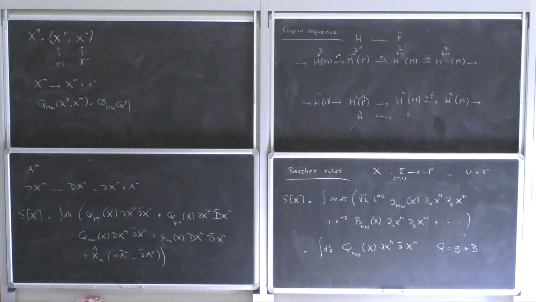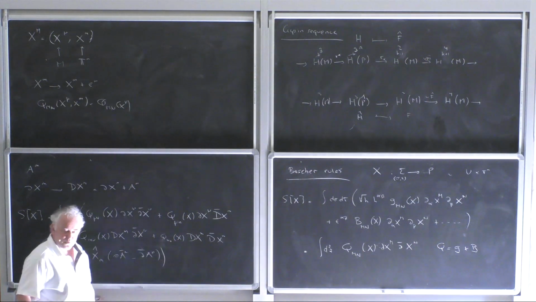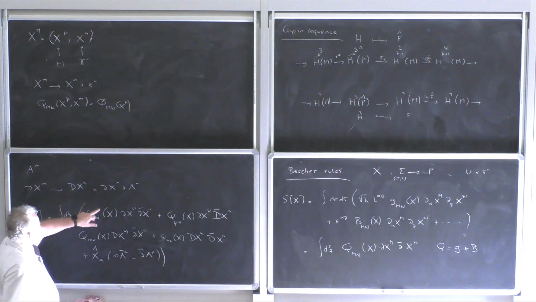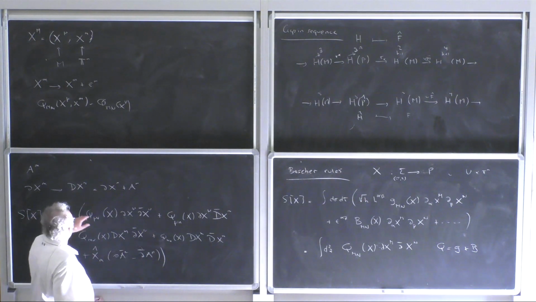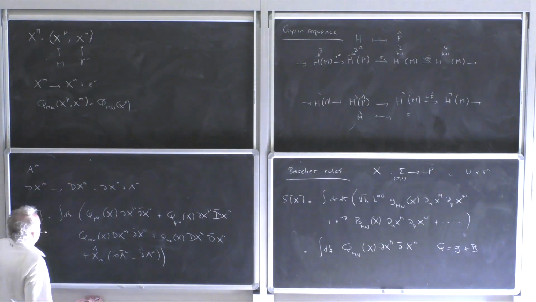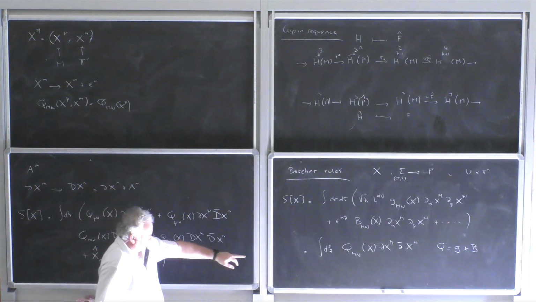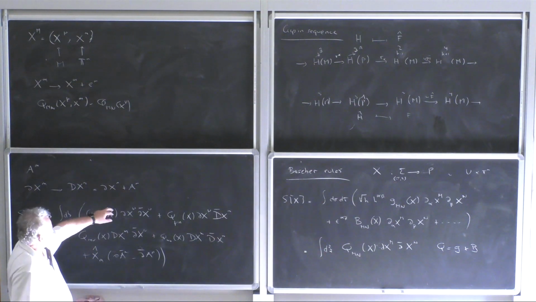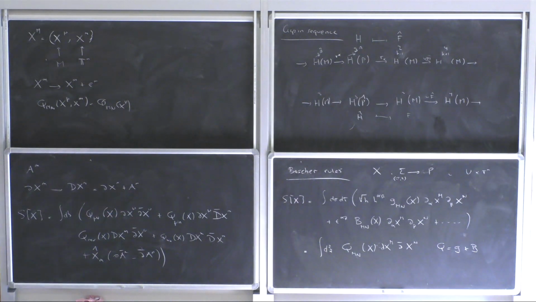And what I claim is that this action is actually completely equivalent to the action I started with, but this has a gauge invariance, so an invariance like x plus epsilon, where epsilon depends on the worldsheet coordinates, and the variation of this action with respect to that variation is compensated by the fact that you have introduced this gauge field, which transforms in an appropriate way.